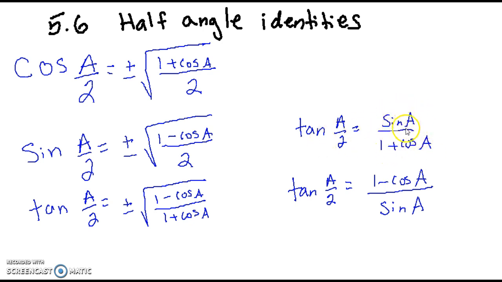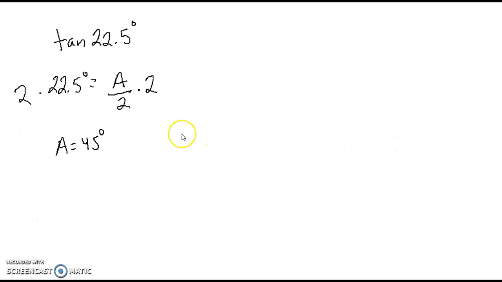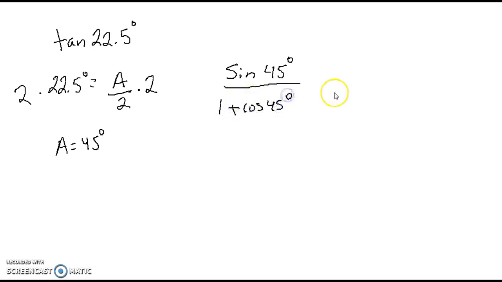Let's work with the top one. So I'm going to work with sine A all over 1 plus cosine of A. So this will be sine of 45 degrees all over 1 plus the cosine of 45 degrees. We already know what the sine of 45 degrees is.